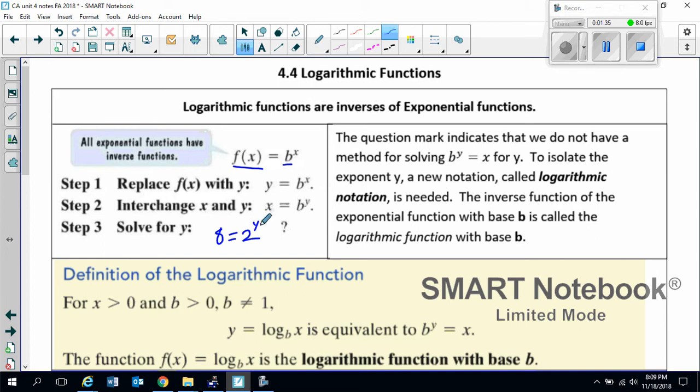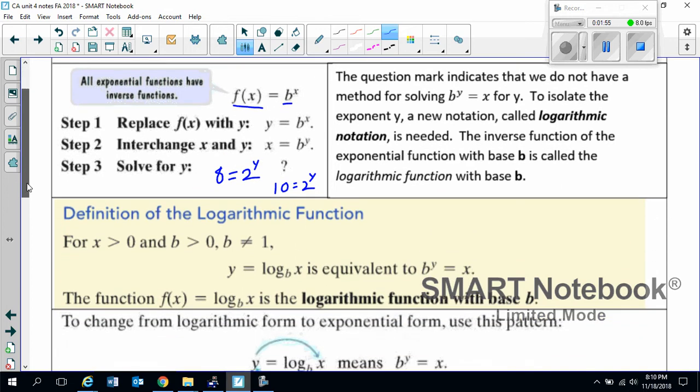But sometimes they're going to be a little bit messier than that. What if instead it was 10 equals 2 to the power of y? You might be able to come up with a good guess, but that's where these logarithm functions are going to come in. So let's look at some of this down here.